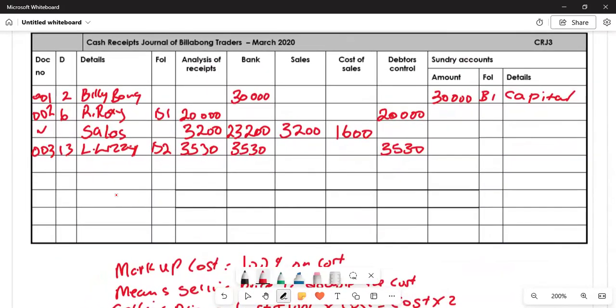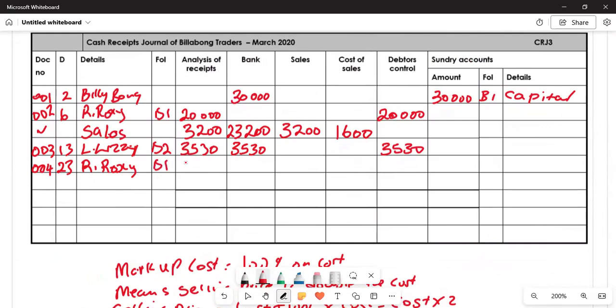So here we are, under our cash receipts journal. Document 004 on the 23rd, and then we have Roxy, which is our debtor 1.